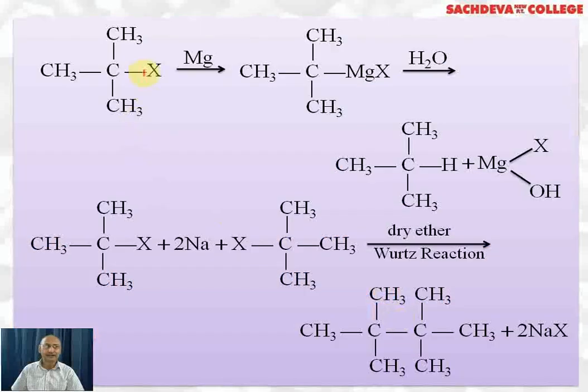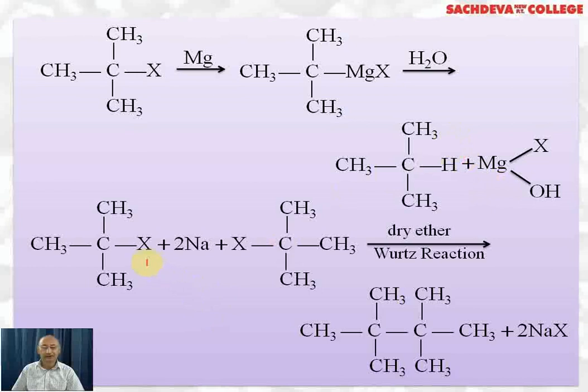In the next reaction, we have tertiary butyl halide. We react with magnesium, so the corresponding Grignard reagent will be formed, which is tertiary butyl magnesium halide. When we react it with water, this bond will break, hydrogen will get attached and OH will be attached to magnesium halide, resulting in the formation of hydroxy magnesium halide and we get isobutane.